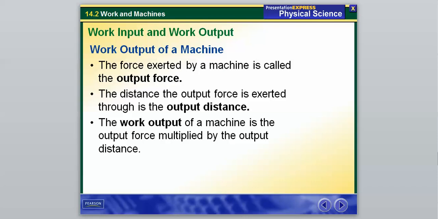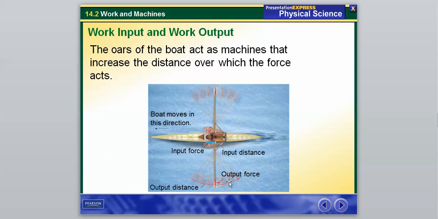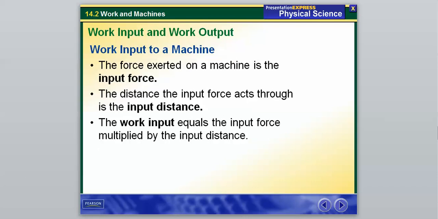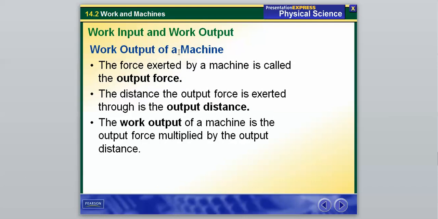Now on the other half of it, the force exerted by a machine is called the output force. So we go back to our picture. We have our output force right here, this red arrow, the fact that the oar is moving through the water and pushing the boat. And the distance that the output force is exerted through is the output distance, and then the work output of a machine is the output force multiplied by the output distance. So these two slides pretty much say the same thing, just polar opposites of one another.